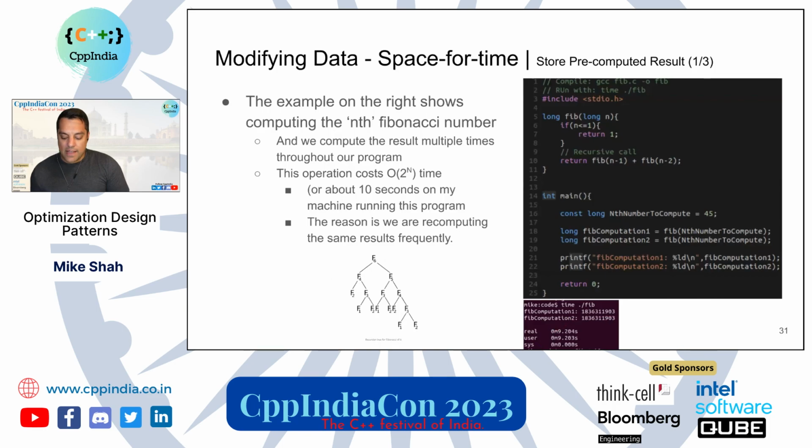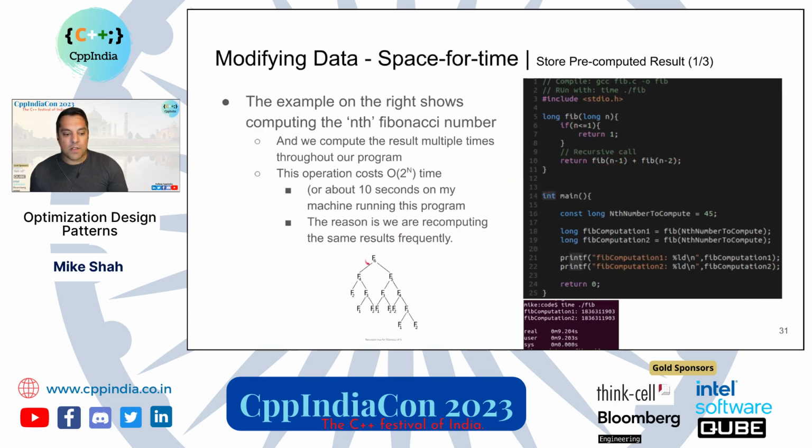The next one I'll talk about is within that same idea, still space for time. Another classic example: computing some Fibonacci sequence. And this holds in general if you're going to compute or maybe recompute some result. Maybe you're writing a game, for instance, that has to compute some score or some result in a table. What ends up happening with this particular algorithm is, if you draw out the shape of what it takes to compute this Fibonacci sequence, you end up doing a lot of work, especially with this recursive pattern I'm looking at on line 10.